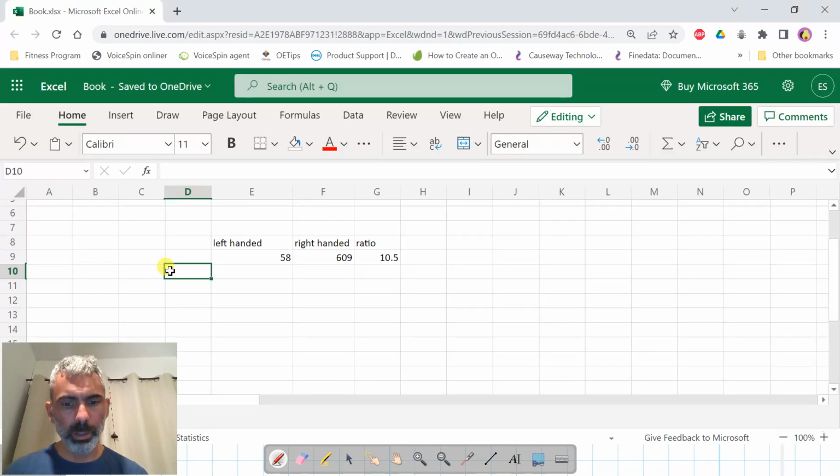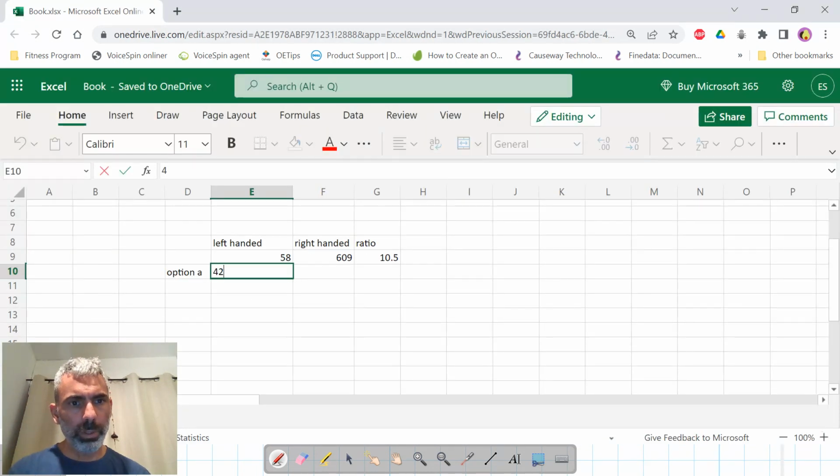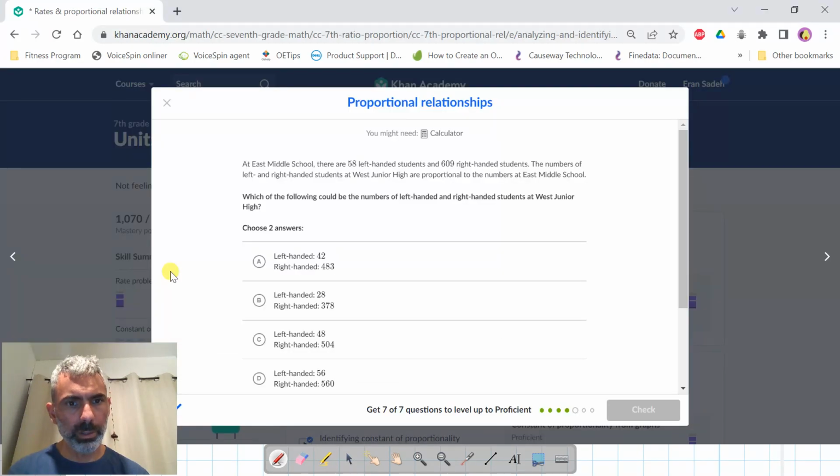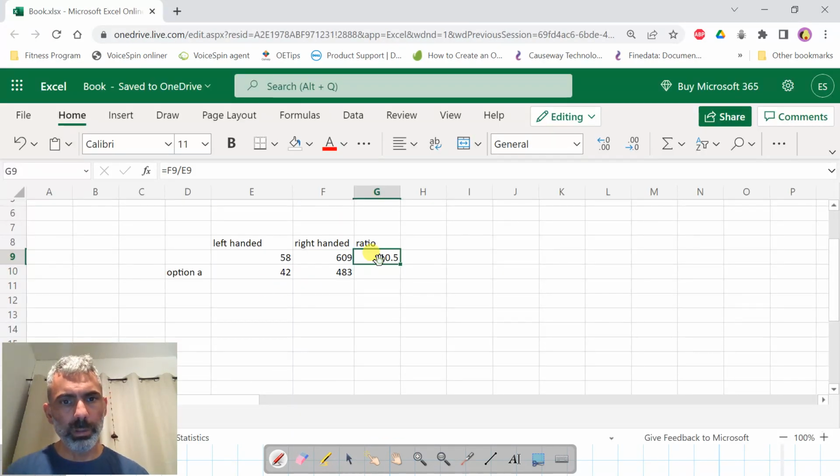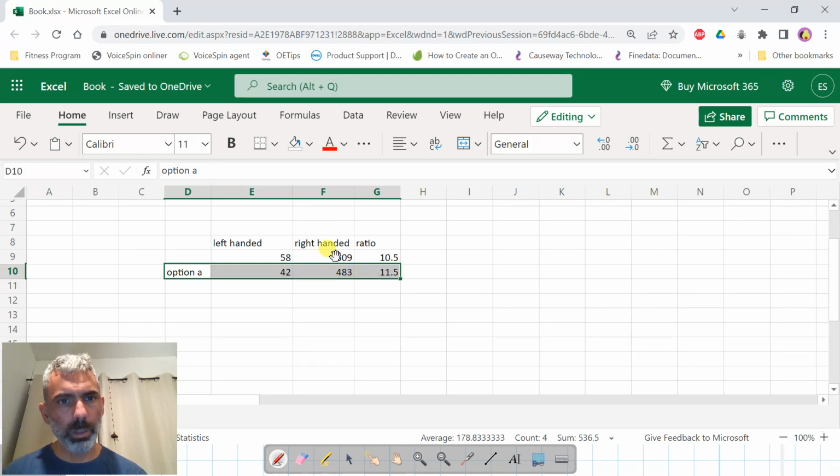Okay, so option A, there are 42 left-handed students and 483 right-handed students. Okay, so when we divide 483 divided by 42, we get 11.5. I copied the formula from this cell to this cell, so I see that option A is not the same ratio, so it's not good.